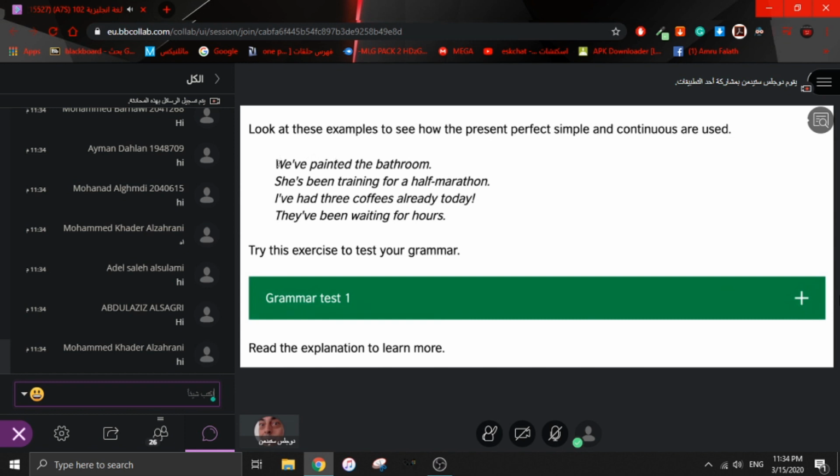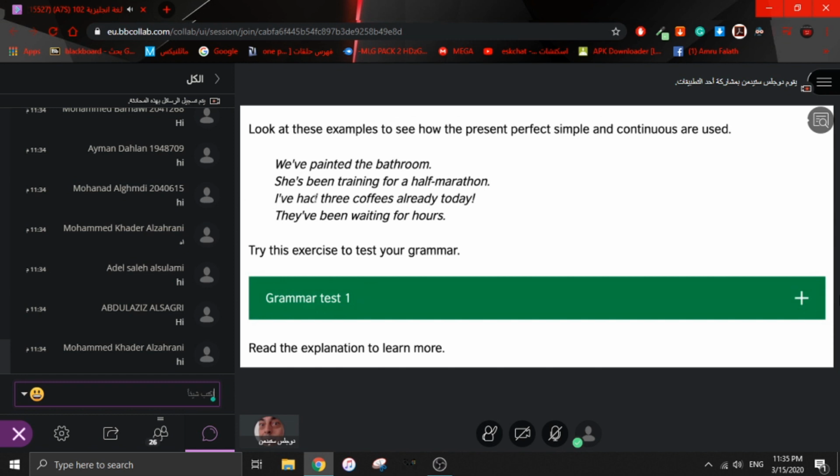So this first one, we've painted the bathroom. It's done, finished. And we stress here the accomplishment. It's done, and it feels good that it's finished. The next one, she's been training. This is continuous tense. It's not finished yet, and it shows that she's been working hard over a long period of time.